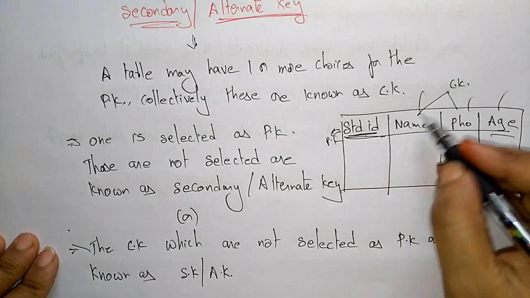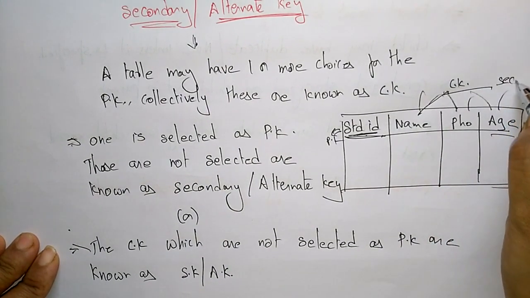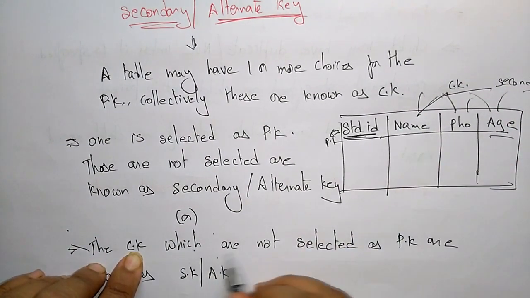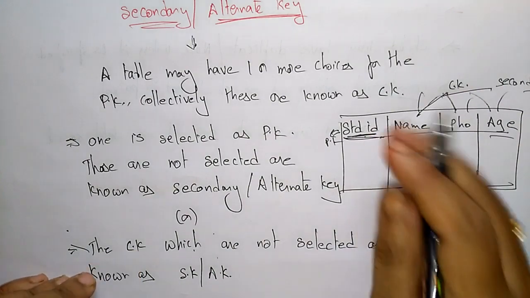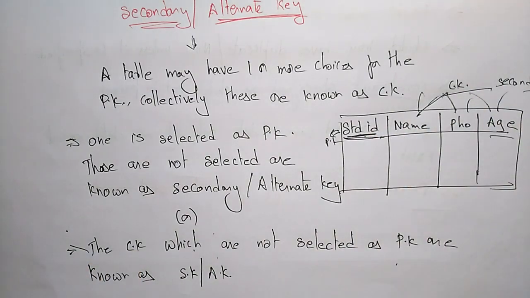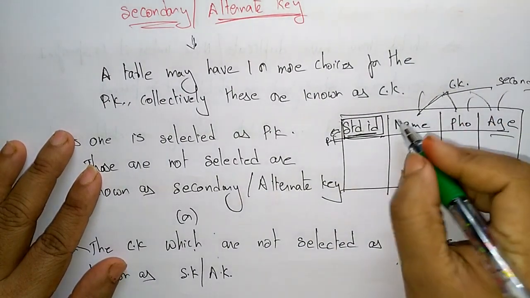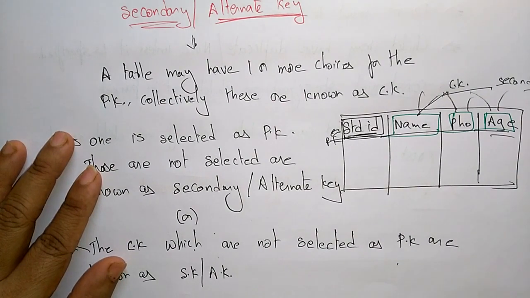So the candidate key, everything you call it as a secondary. Why I call it as secondary key? Because the candidate key is not selected as a primary key. So the only difference is other than primary keys, all keys are called as secondary or alternate key.